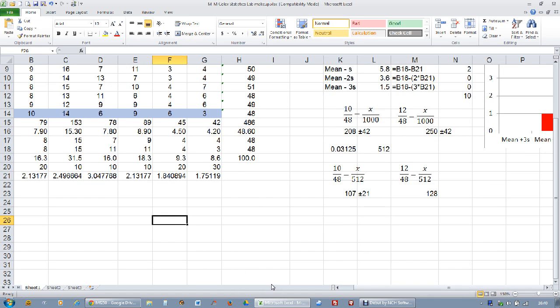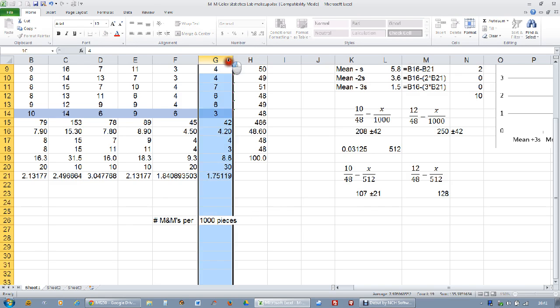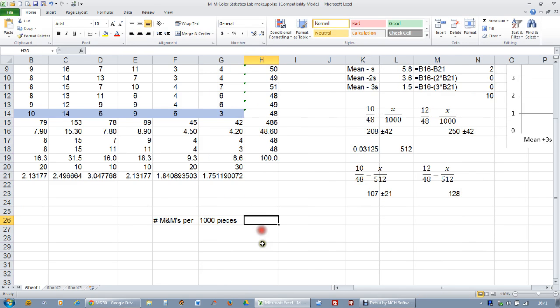So number of M&Ms per 1,000 pieces per 1 pound.